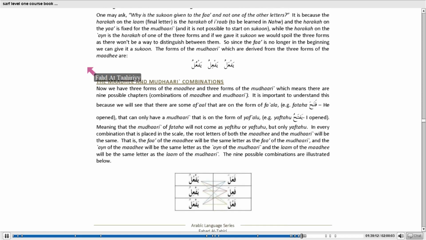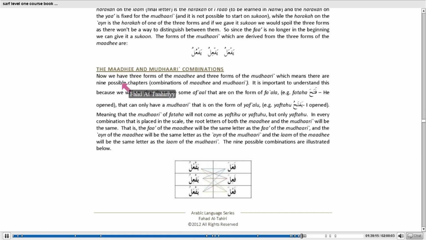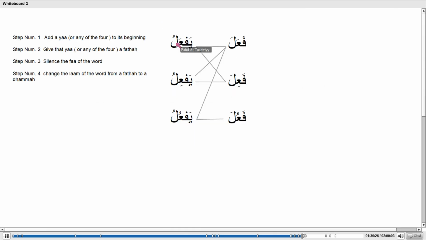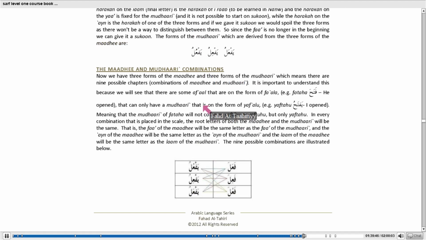Alright. Now, let's read what we have just explained. Now we have three forms of the madi, right? And three forms of the mudari', right? Which means that there are 9 possible combinations, because 3 times 3 is how much? 9. So if you try to fix every form of the madi with every form of the mudari', you will get 9 combinations.